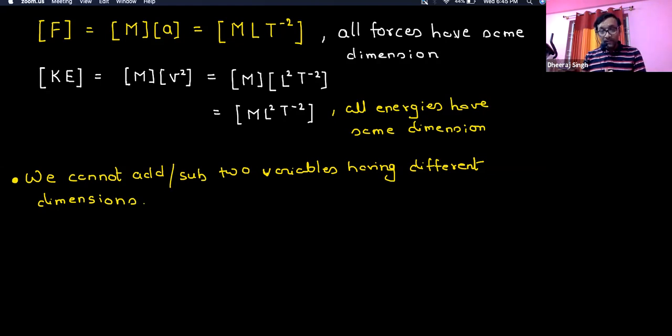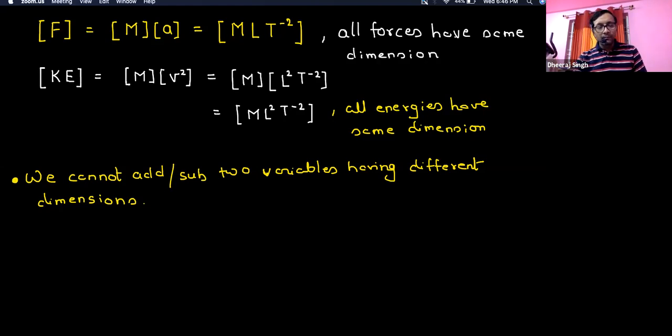But if I am adding or subtracting two variables, the variables on either side of the plus should have the same dimension. This is a very, very strong law, and using this basic rule itself, you'll be able to solve most of the questions. Don't worry, you'll see how easily you'll be able to do it.